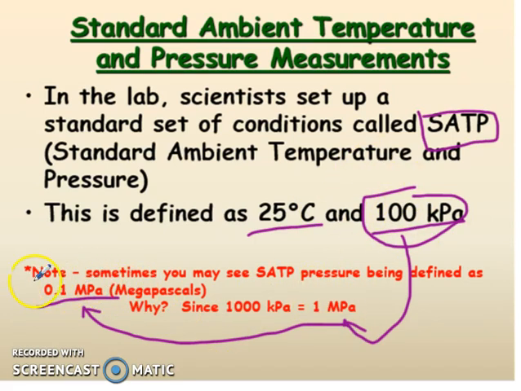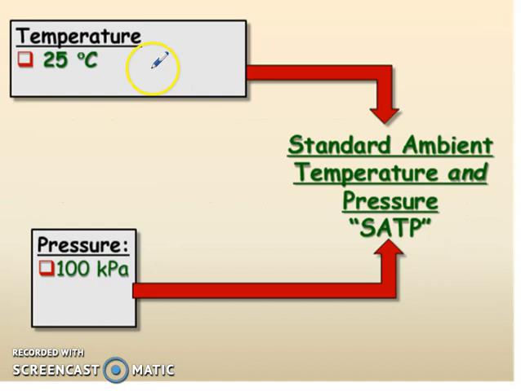It's like saying 0.1 liters is 100 milliliters. It means the same thing, just a different way of expressing it. I will not use megapascal, but I'm letting you be aware of it in case you come across that somewhere along the way. So if you see SATP, what does that translate into? 25 degrees Celsius and 100 kPa for our pressure.